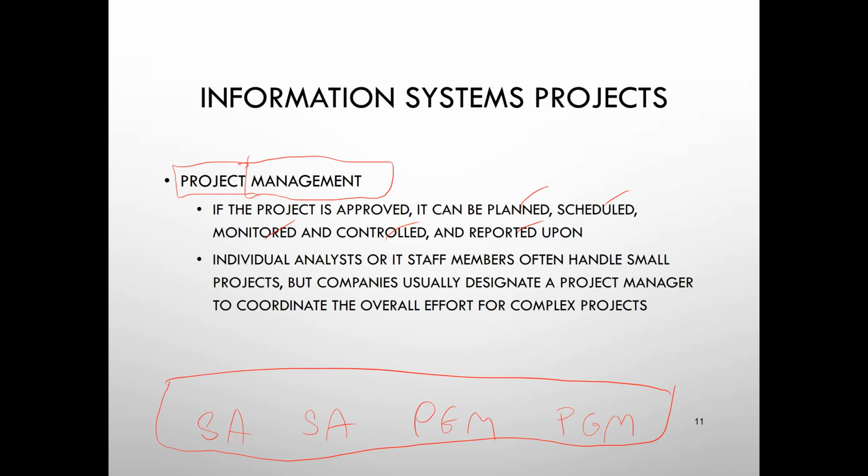But if that system analyst sends the requirements to the programmer so late, the programmer's task will be delayed. So that's why we need a person we call the project manager to control every single piece of task inside the project.